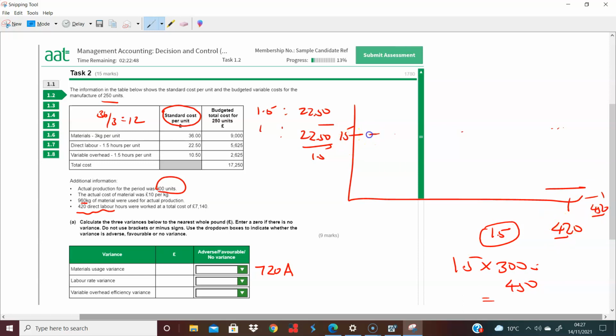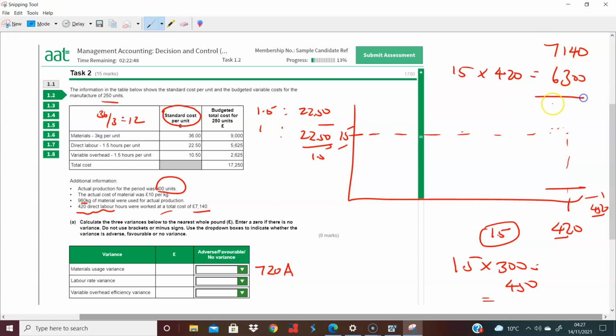But the point is that in terms of costing, we know that each of your hours should cost £15, times 420. That's what it should cost. But they have cost 7,140. It's given to us. They've cost 7,140, haven't they? And your hours should have cost 15 times 420, which is 6,300. So they should have cost 6,300.